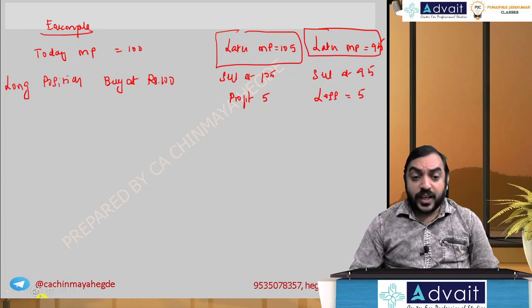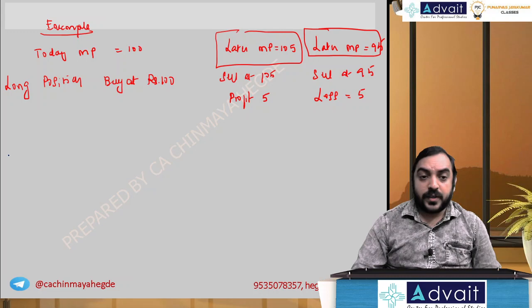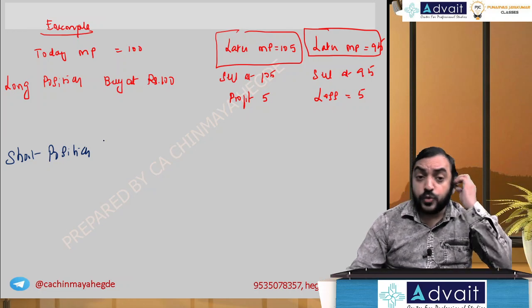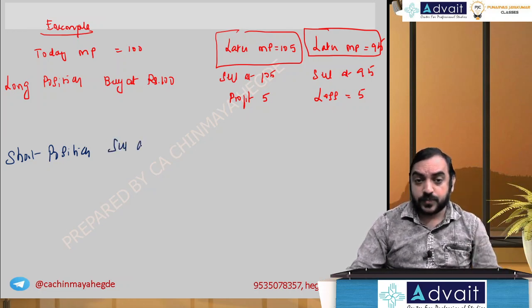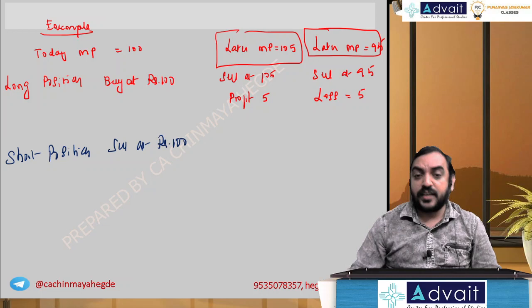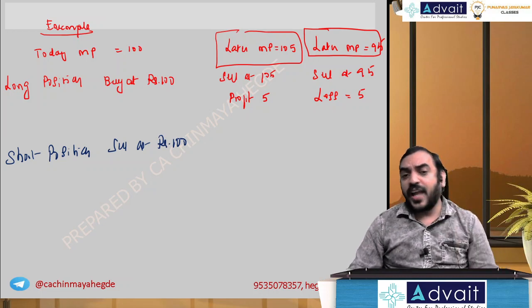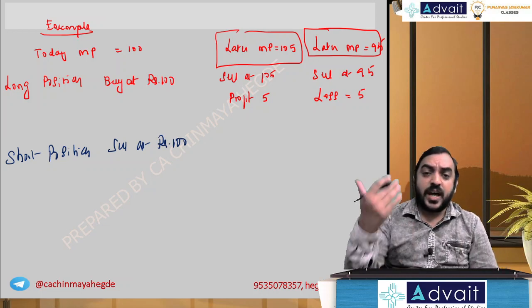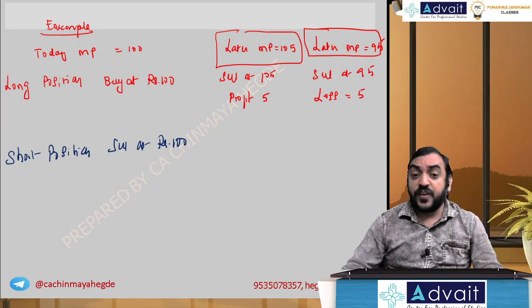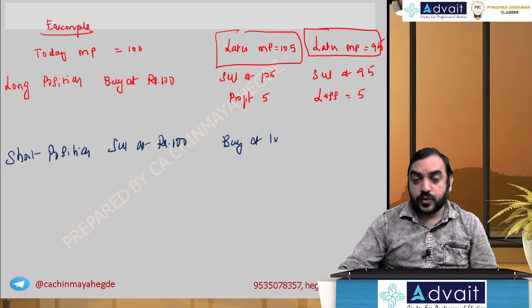Okay, now if you take a short position, what will happen? Had you taken a short position, what will I do? What I told you, you will sell first. Sell at rupees 100. What will happen in the first situation? If market price goes up, sell first, buy later. Buy at 105.